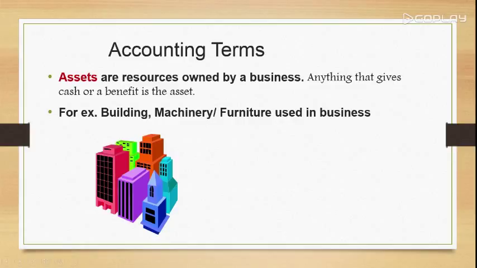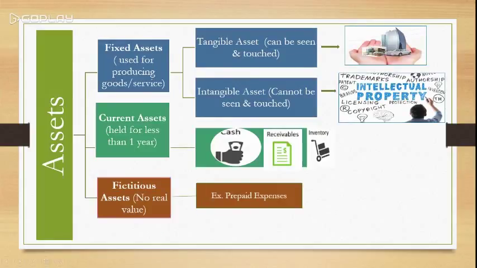For example, building, machinery, furniture that is used in business. So we can say assets are the properties business owns. Assets are of three types: fixed assets, current assets, and fictitious assets.